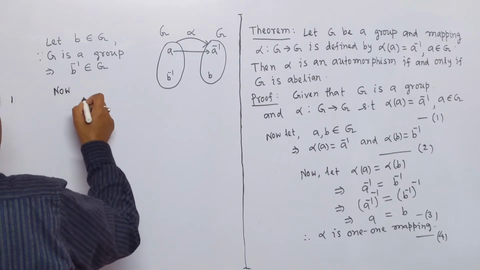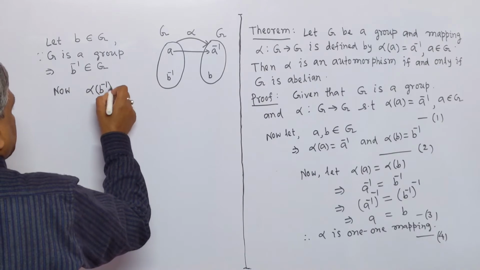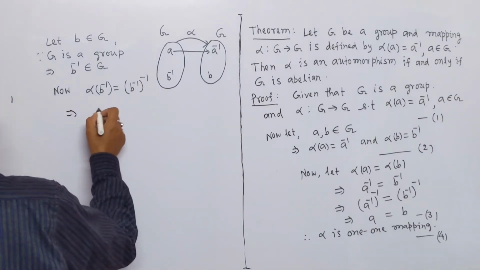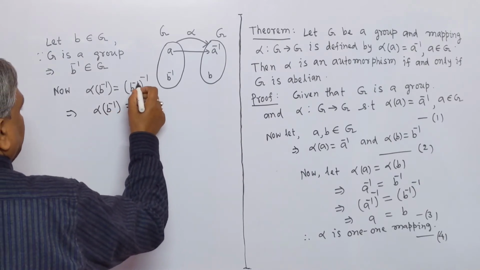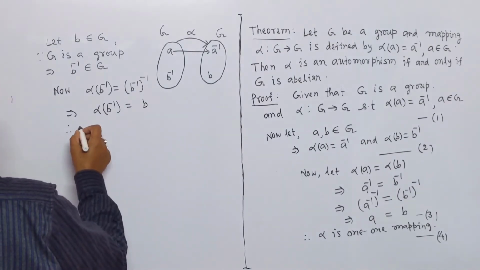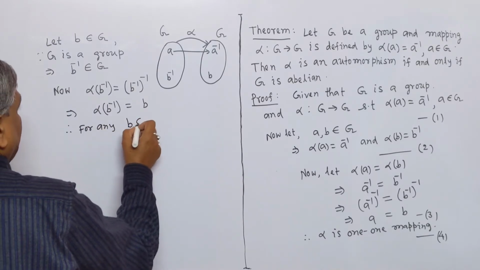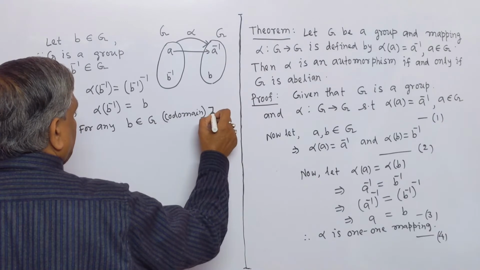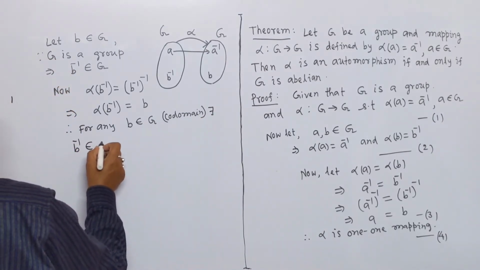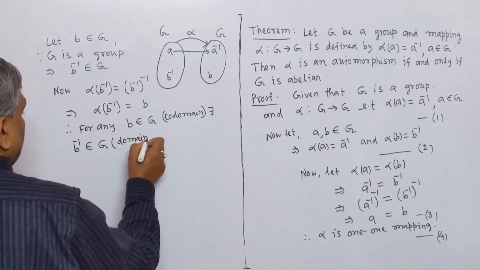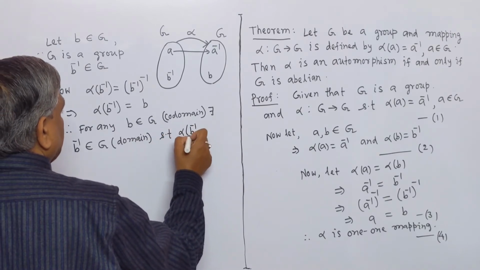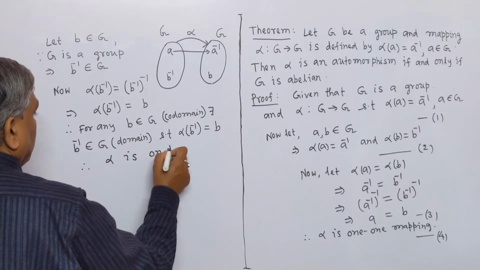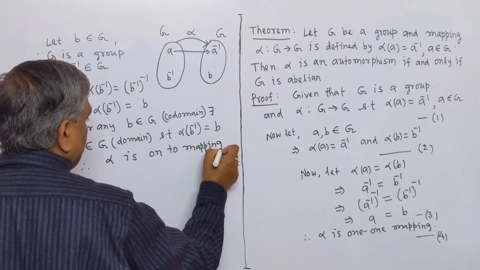Now, alpha B inverse equal to B inverse whole inverse, which means B. Therefore, for any B belonging to codomain G, there exists B inverse belonging to G, the domain, such that alpha B inverse equal to B. Therefore, alpha is an onto mapping. This is number 5.